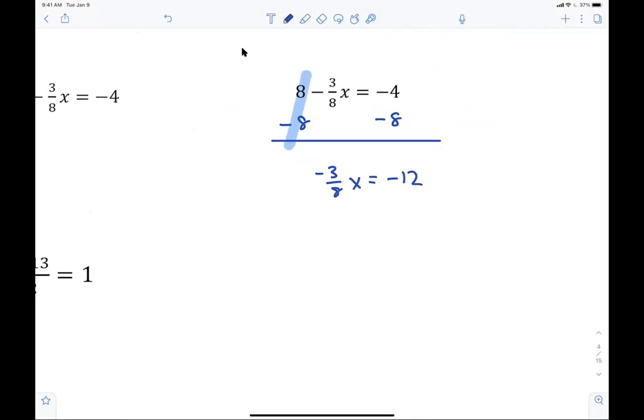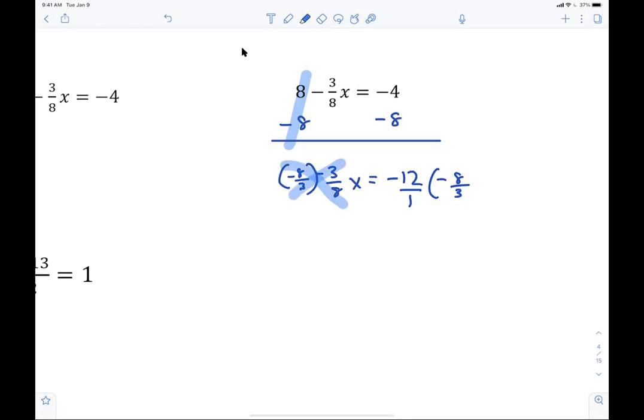And now what? Come on. We've done it. Reciprocal. Multiply by the reciprocal, -8/3. We make 12, 12/1.